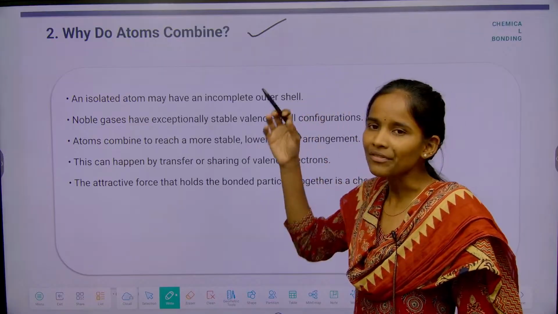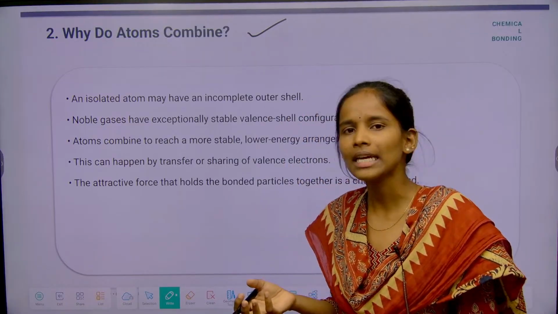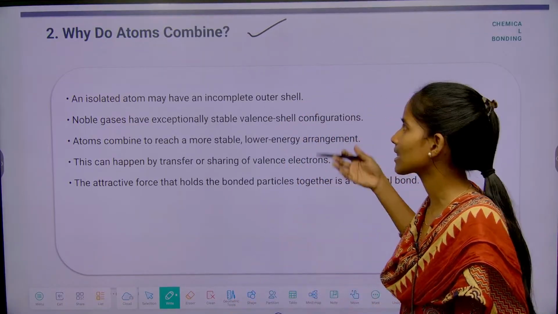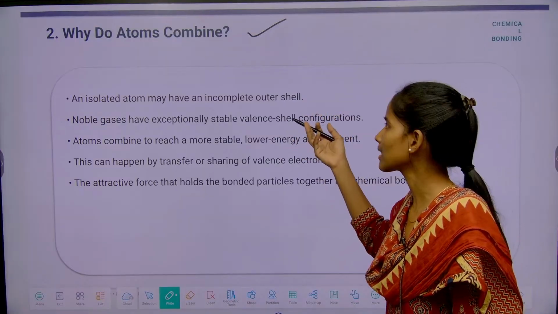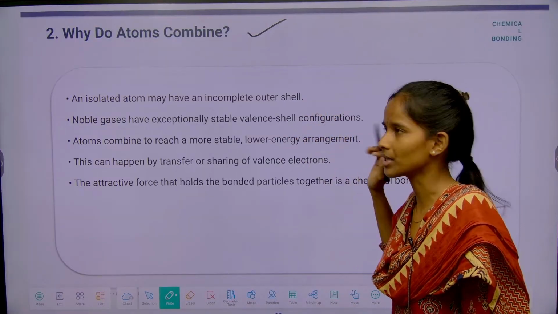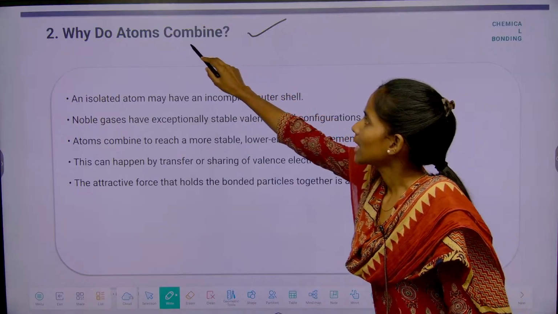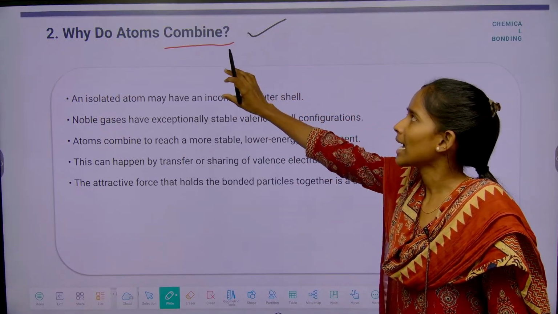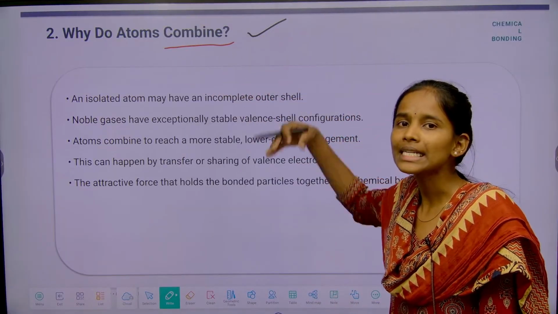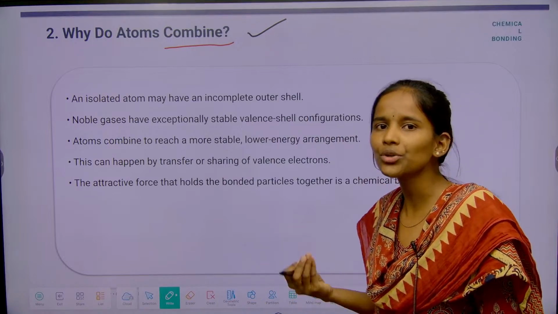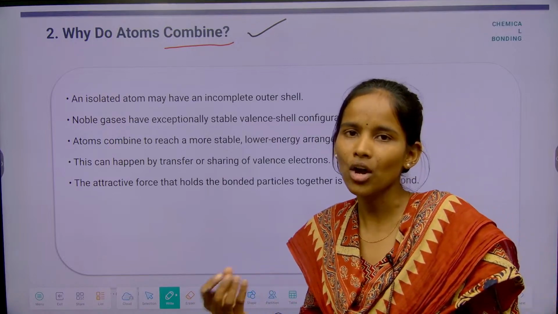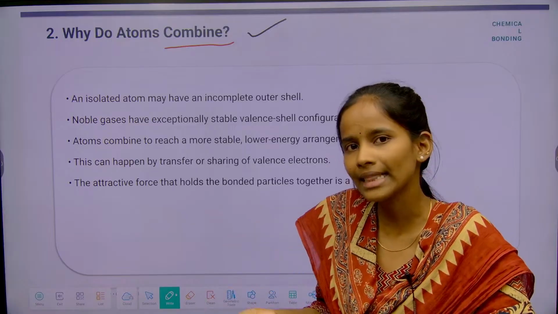If they have a sufficient number of electrons, then they will not react with any other atoms and will not form any chemical bonds. So, do you understand why atoms combine? In order to get stability. Either they will lose the electrons or they will gain the electrons.